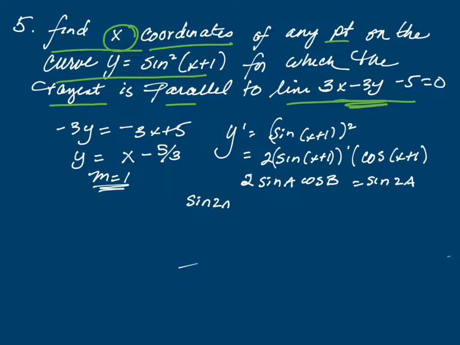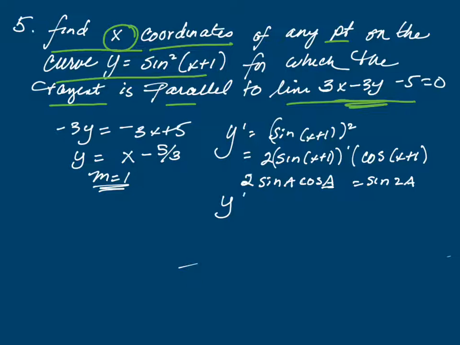Sine 2A is 2 sine A cosine A. It should be cosine A, not B. Okay, so that's an identity. So we can say that the A is x plus 1.